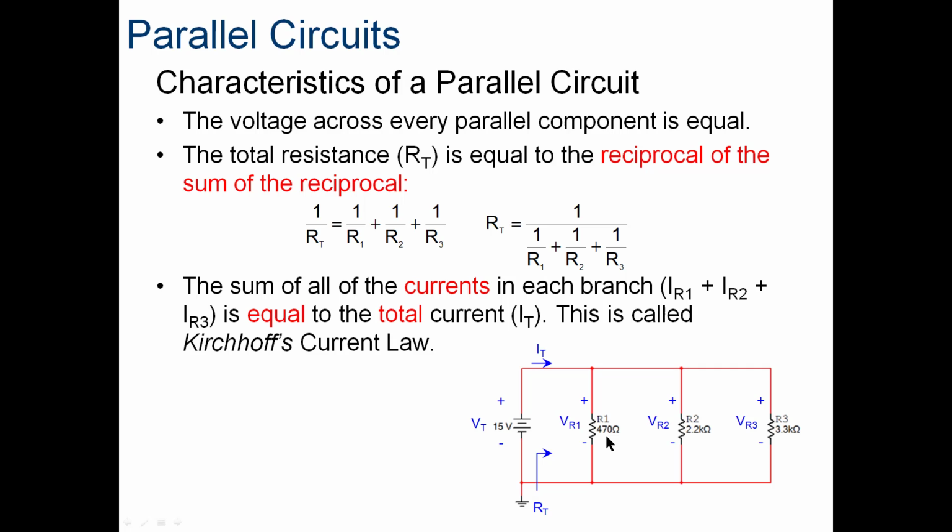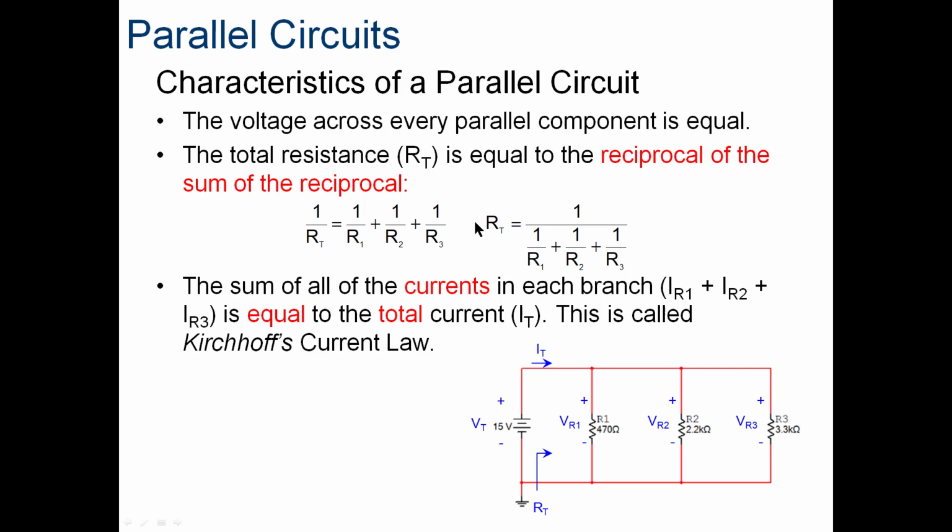But the sum of all those water flows has to be more than what flows through the smallest resistor. So every time, the total resistance in a parallel circuit is going to be less than the smallest resistor in the circuit. Now I can do a little bit of math, and I can flip this around and say that my resistance total is equal to 1 over the sum of 1 over R1 plus 1 over R2 plus 1 over R3.